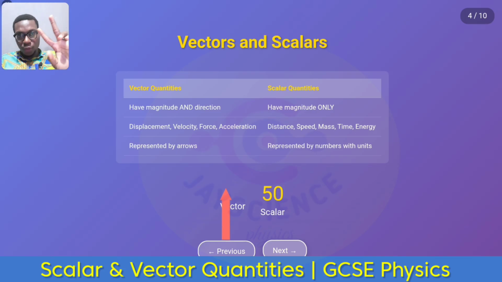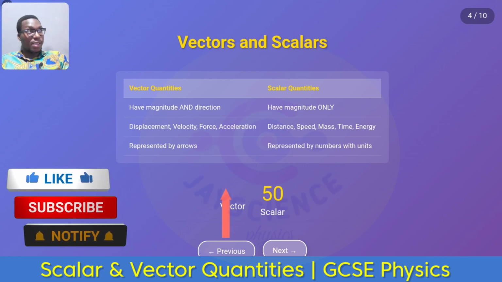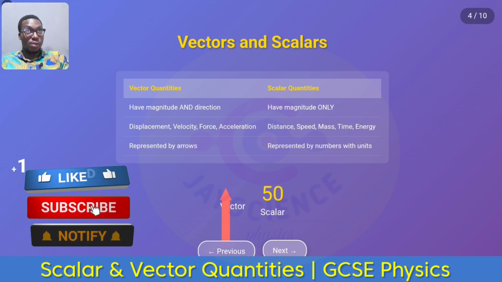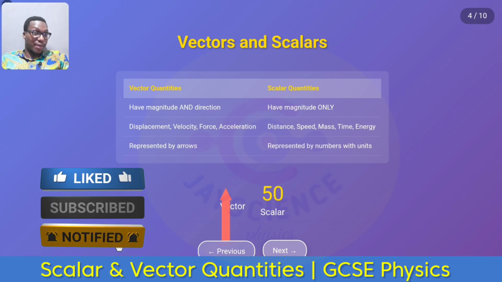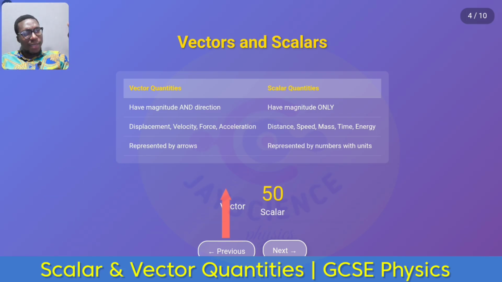Let's say you have two cars. The first car, let's say car A, is moving eastwards at 5 meters per second, and car B is moving westwards, still at 5 meters per second. If you're to describe them in terms of their speed, you would say they have the same speed. Yeah, 5 meters per second. But can we say they have the same velocity?